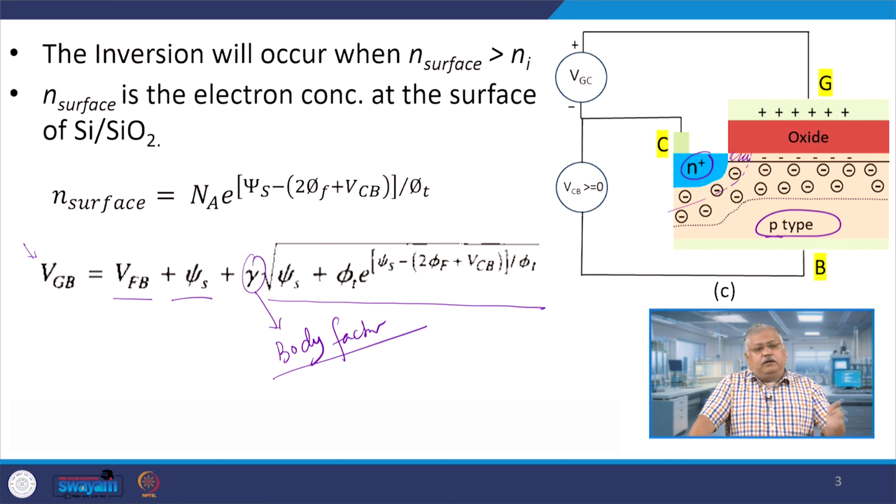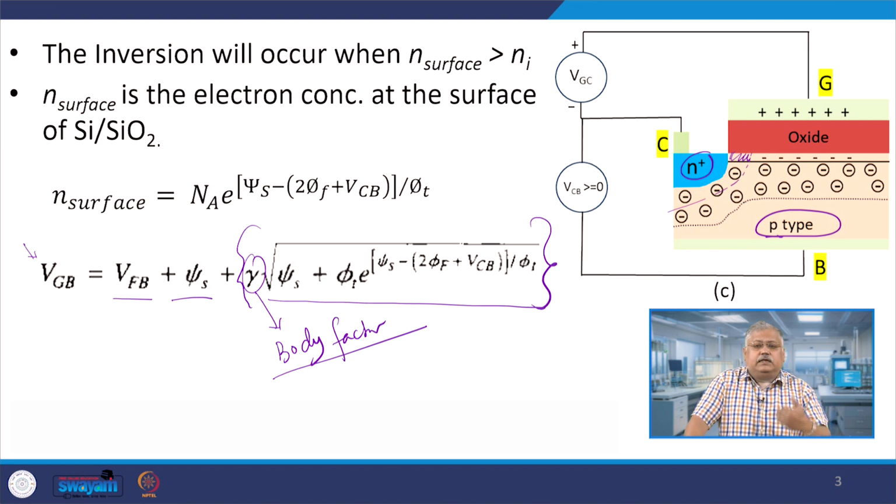If you increase VGB, VGB will increase. If you increase your psi s because of some problem, VGB will increase. If this whole quantity increases, obviously your VGB will increase. You got the idea. The surface potential comes from how much potential is available at the silicon dioxide interface.